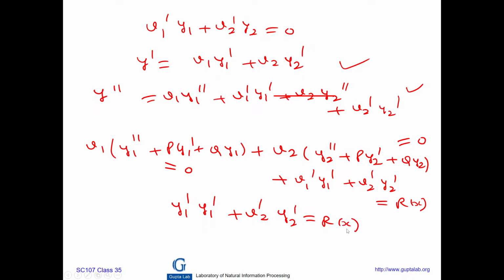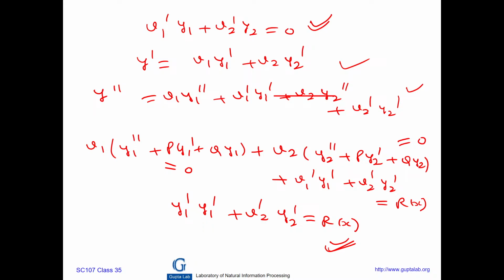Okay. So actually we have got two equations, this one and this one. Now we have two equations, two unknowns. I can solve for v1 and v2, right? So I can now solve it. I am just now writing.